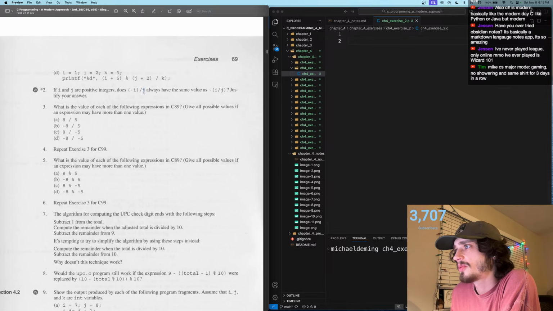So that is for if they're both negative. Now what happens if I is positive and j is negative? If I is positive, j is negative, the answer is positive. If this is negative and this is positive, the answer is positive.